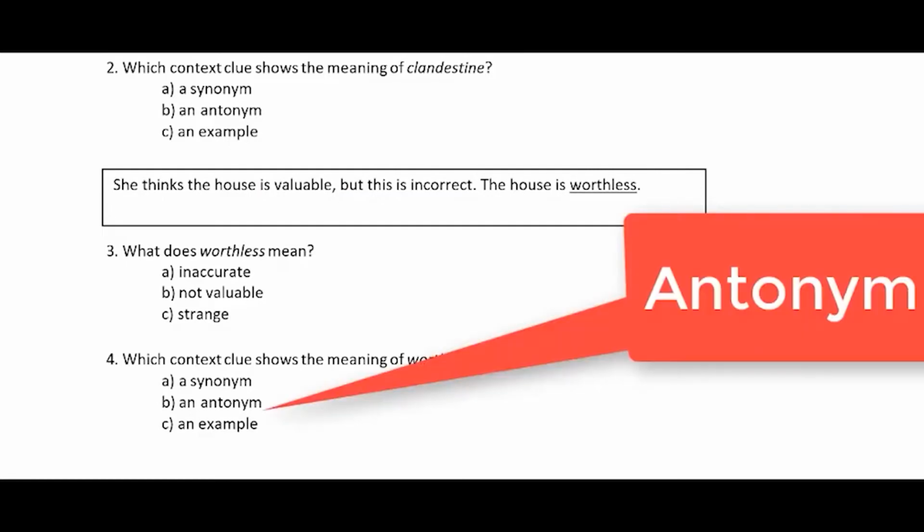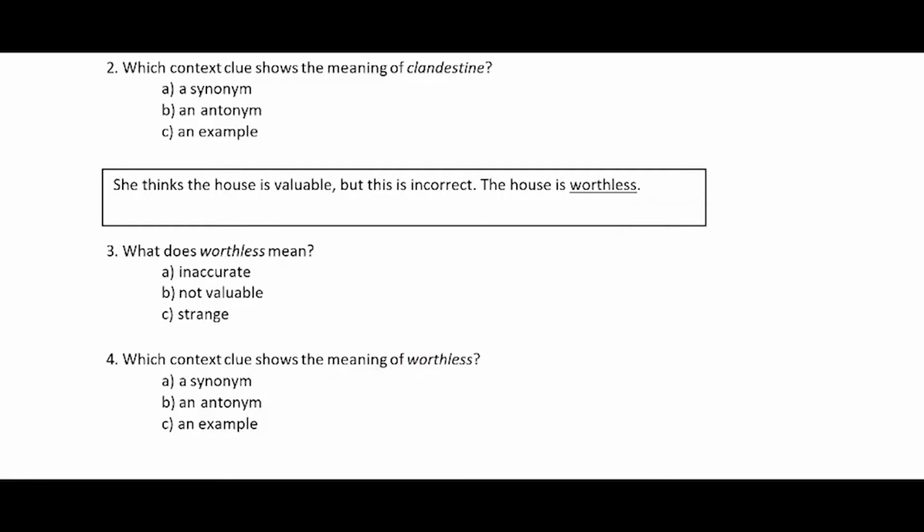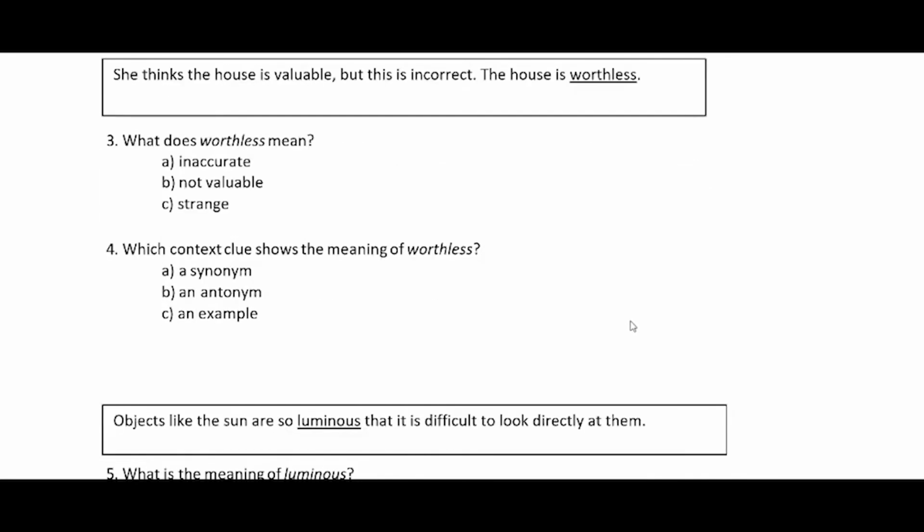So that's an antonym, right? So the context clue there for you is going to be an antonym, right? All right, see how that works, right? So always search for a synonym, search for an antonym. It can sometimes provide you with the answer to the word that you are not sure of.